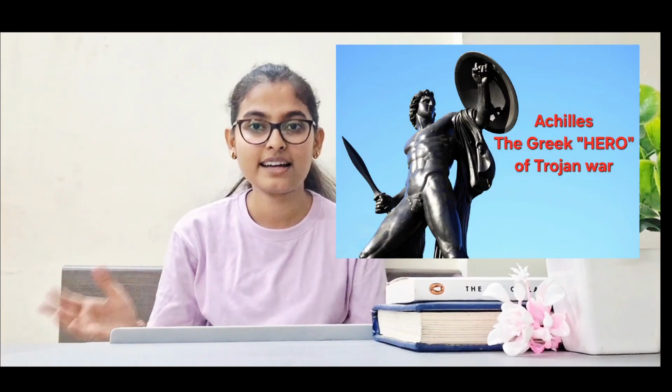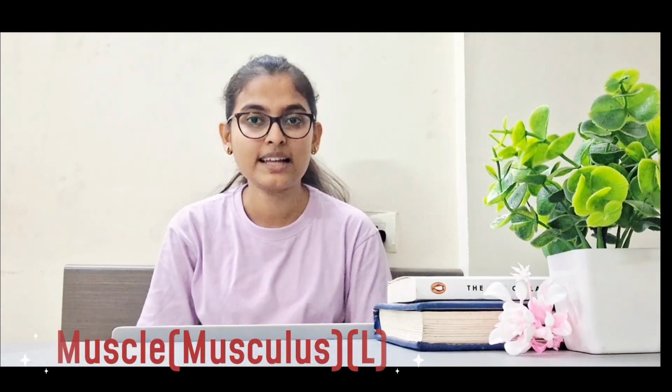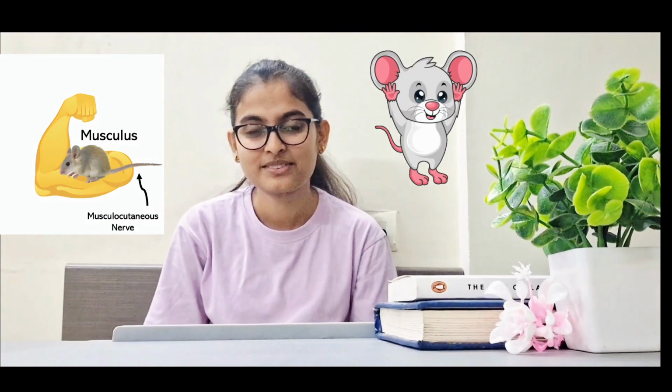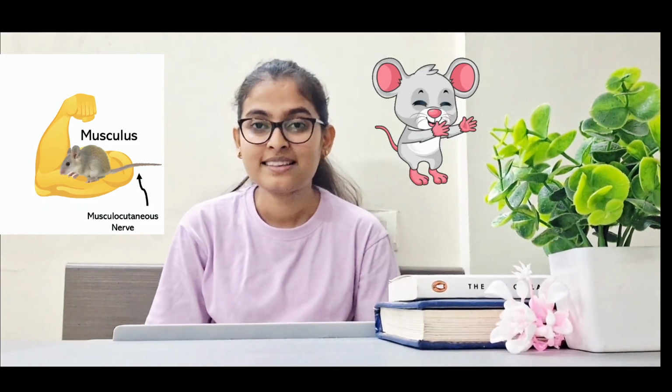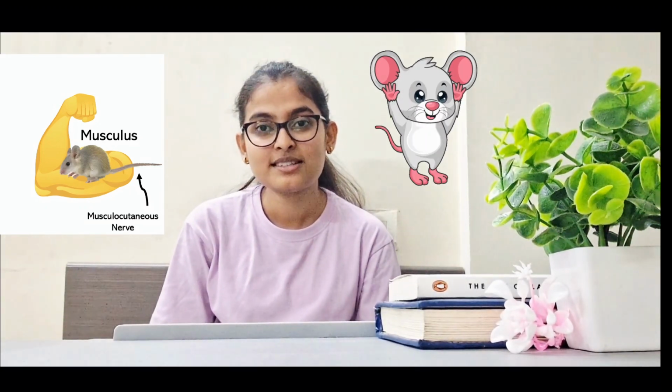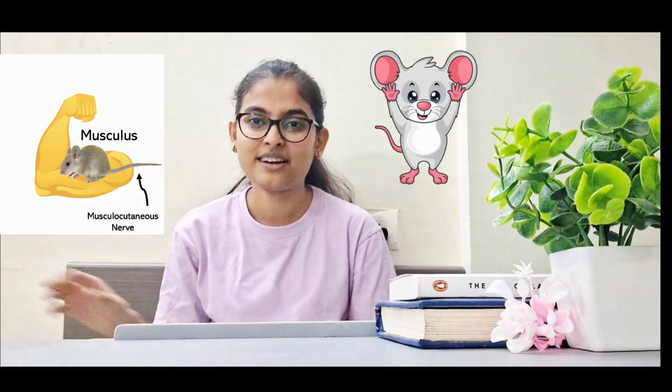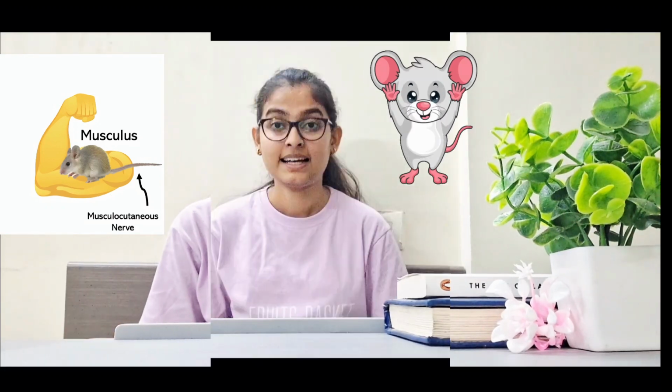For example, Achilles tendon, which is one of the strongest tendons of our body, is named after a great Greek hero. Also, the word muscle, which is derived from the Latin word musculus, means a little mouse. Anatomists think that muscles are like small mice running beneath the skin.